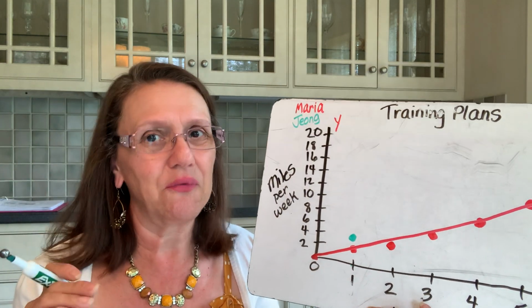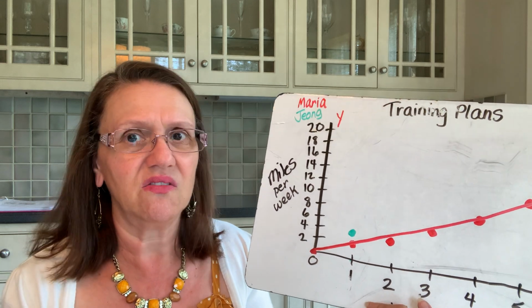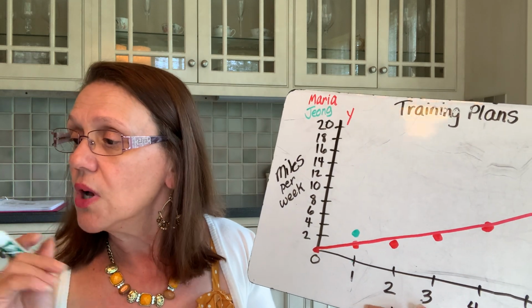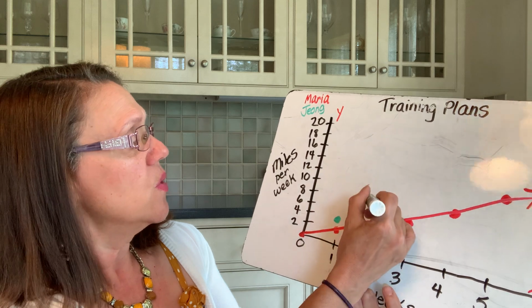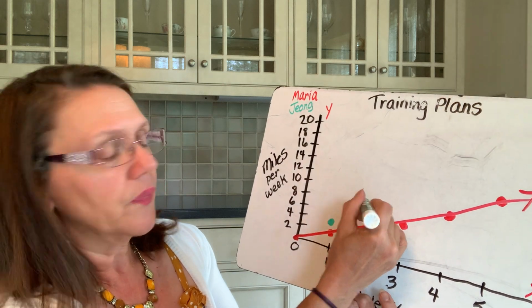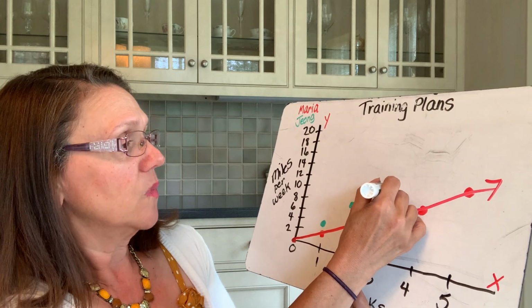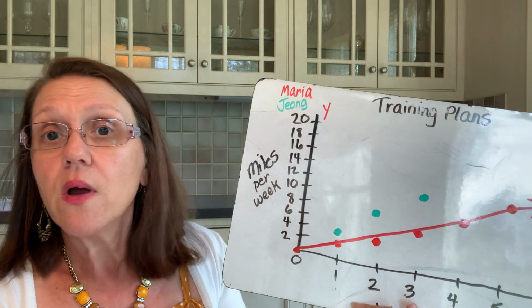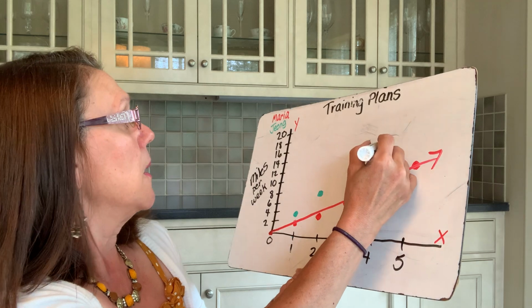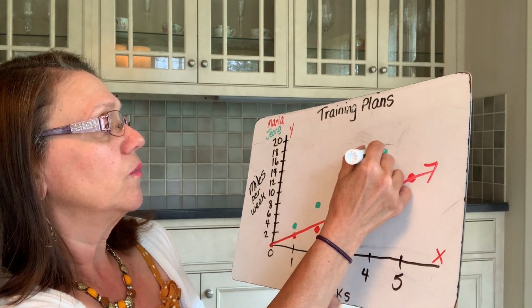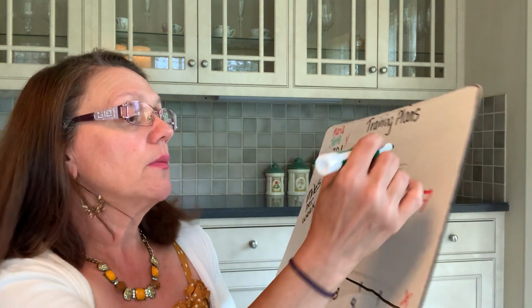That just makes your graph really messy, so I tend not to do that. 2, 8 is our next one. 3, 12. 4, 16. And 5, 20.